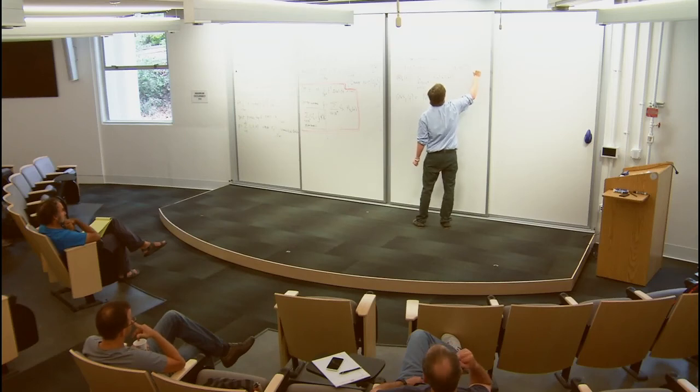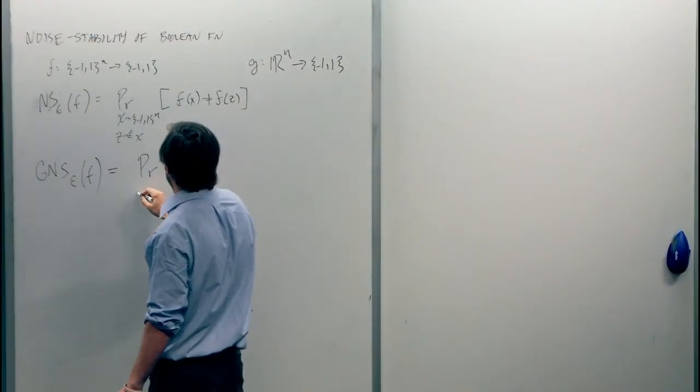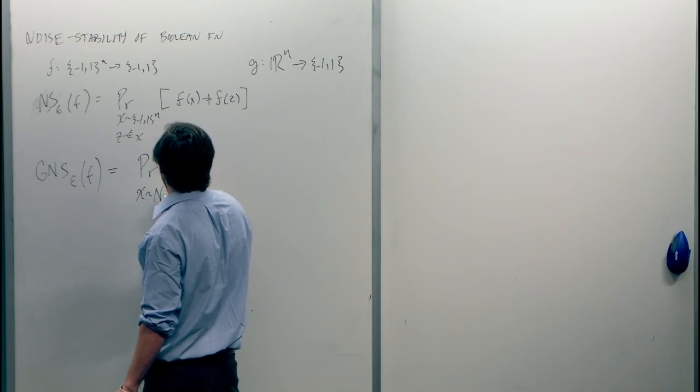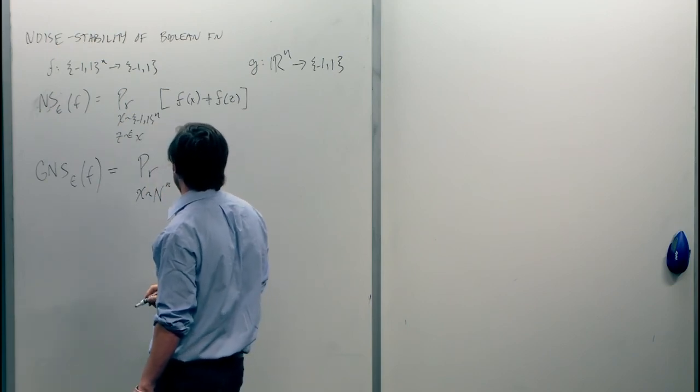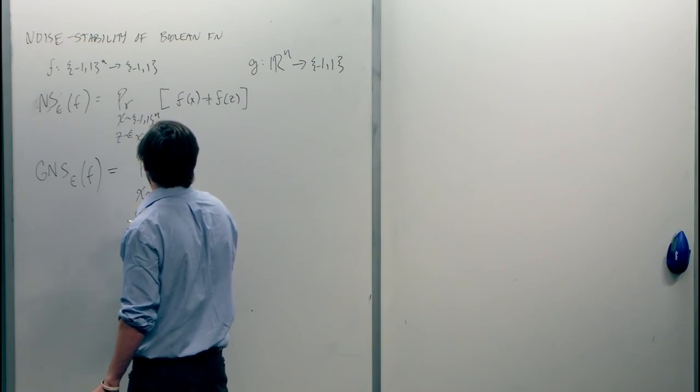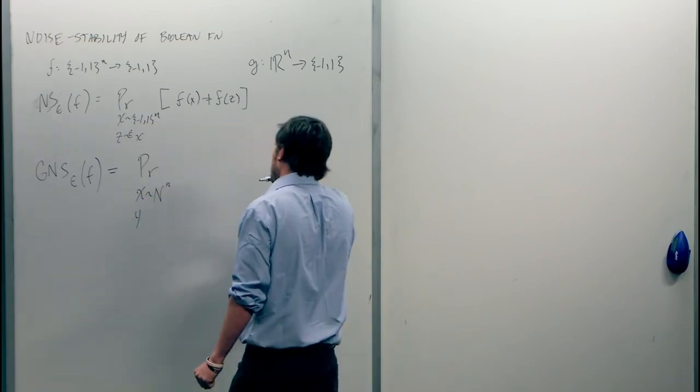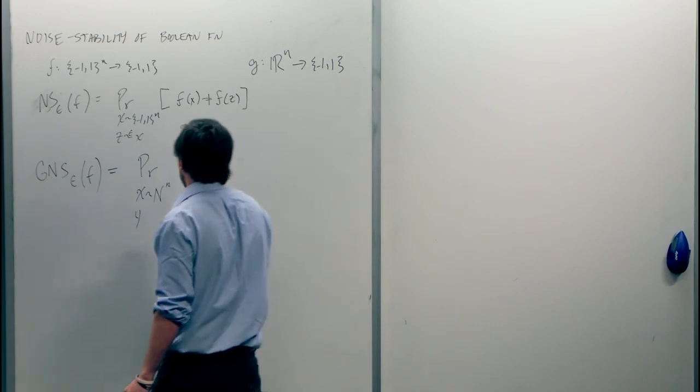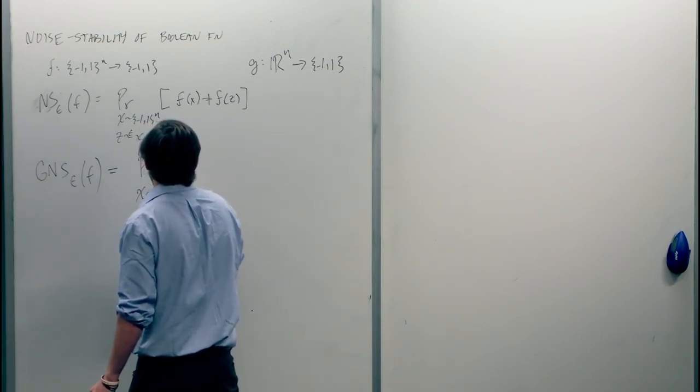This is the probability when you choose x according to the n-variate Gaussian, and then y according to an n-variate Gaussian.